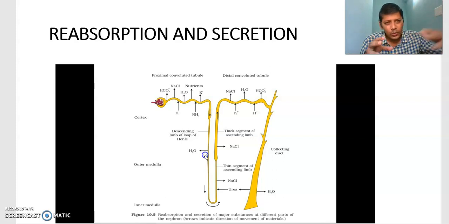Water evaporated from that salt solution. Then what happens? The concentration increases. The same thing is happening here. The filtrate has solutes and water. Now water is going out. That means solute increases. When the solute increases, osmolarity increases.